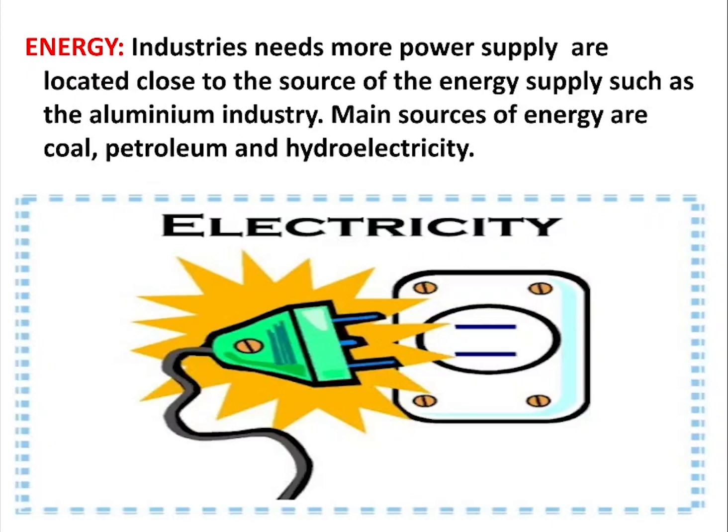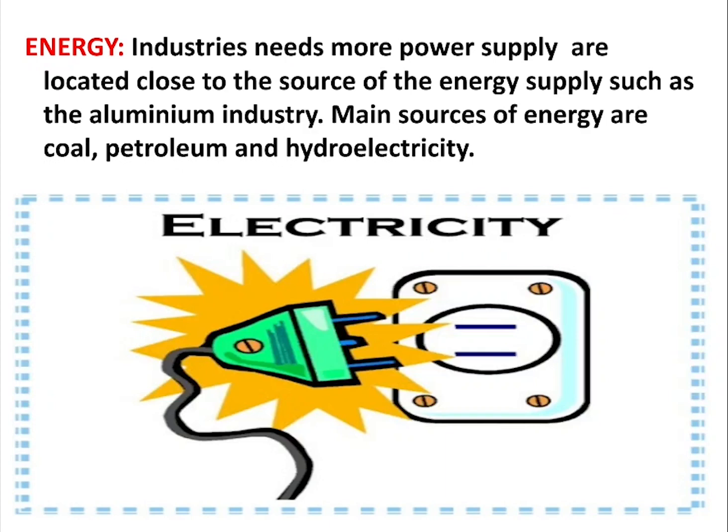The fourth factor that affects the location of industry is power. In order to run machines and produce manufactured goods in industries, we need a source of power or energy. Almost all industries in the world need some source of energy, but some industries need more power, such as the aluminum industry.